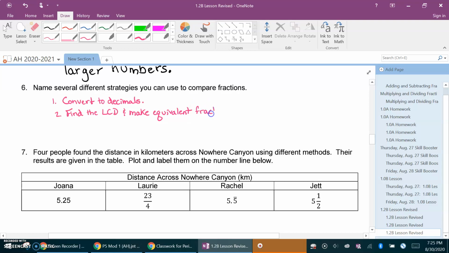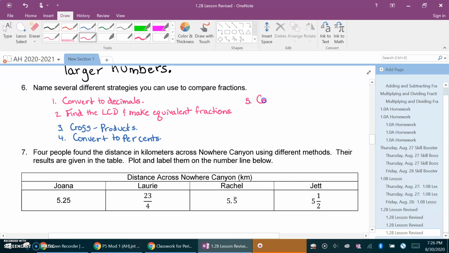You can use cross products, which you learned last year. You can convert to percents. Or the new thing we addressed today was comparing to 1/2.